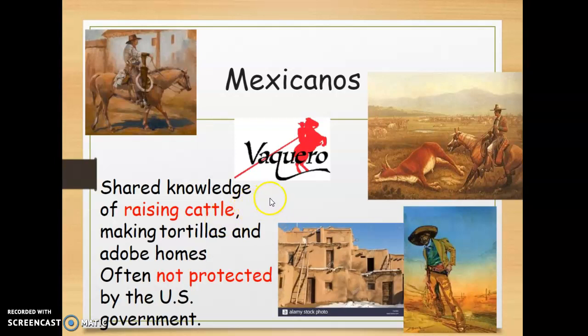And again, a lot of discrimination with them as well. And if they lived in the areas of land that were taken over as a result of the war with Mexico, they continued to stay there and eventually became citizens of the United States.